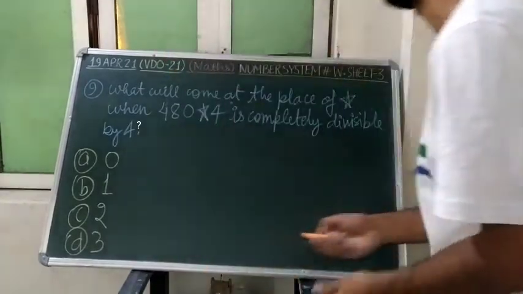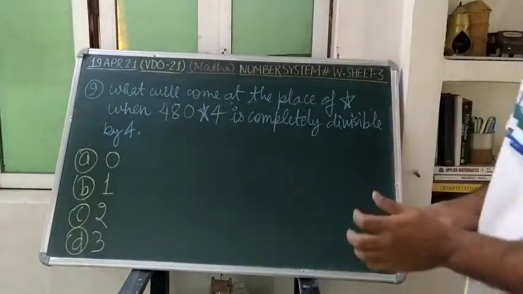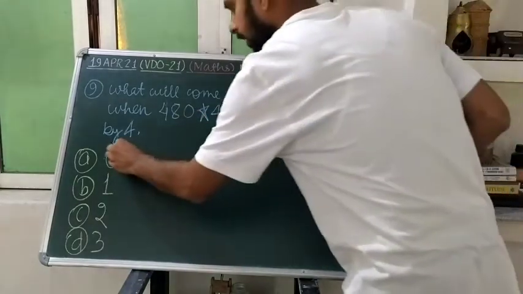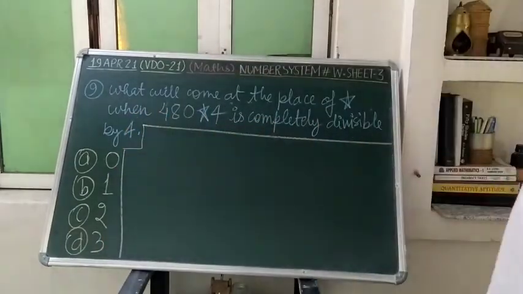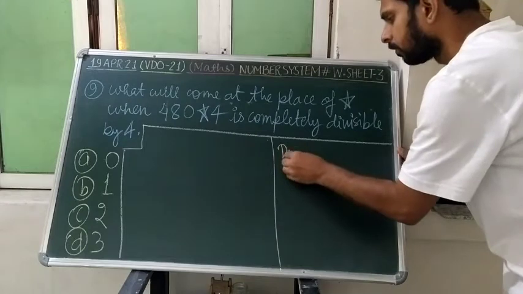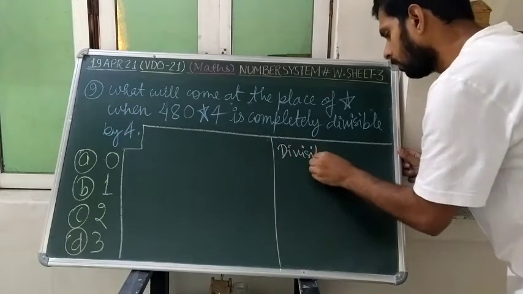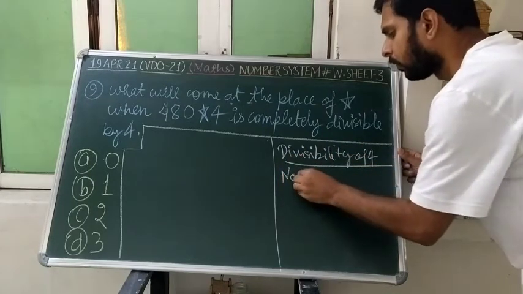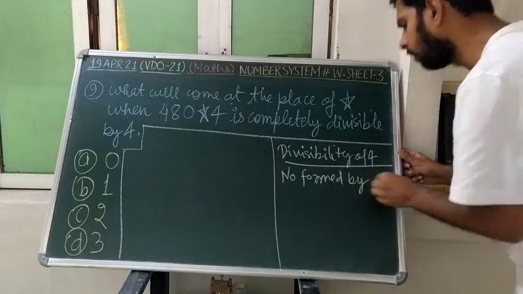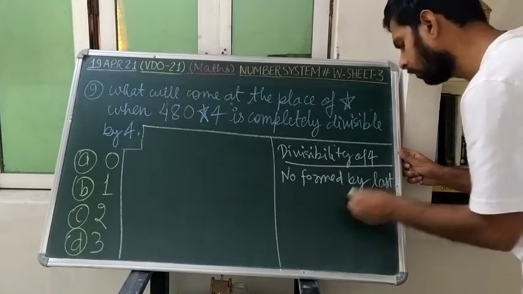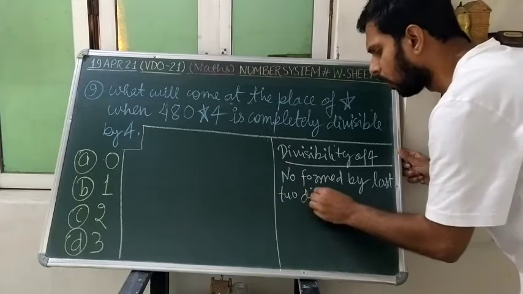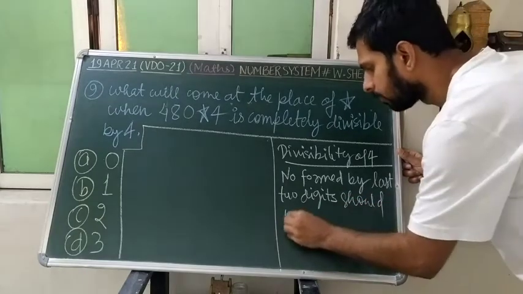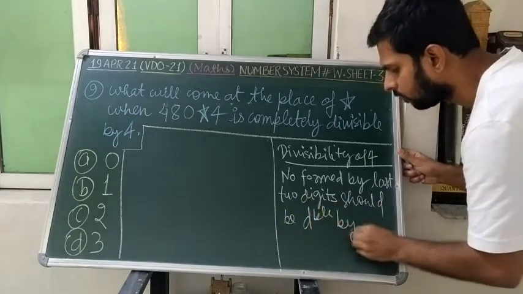Ninth problem: what will come at the place of star when 480 star 4 is completely divisible by 4? Completely divisible by 4. So the divisibility of 4 is nothing but: the number formed by the last 2 digits should be divisible by 4.